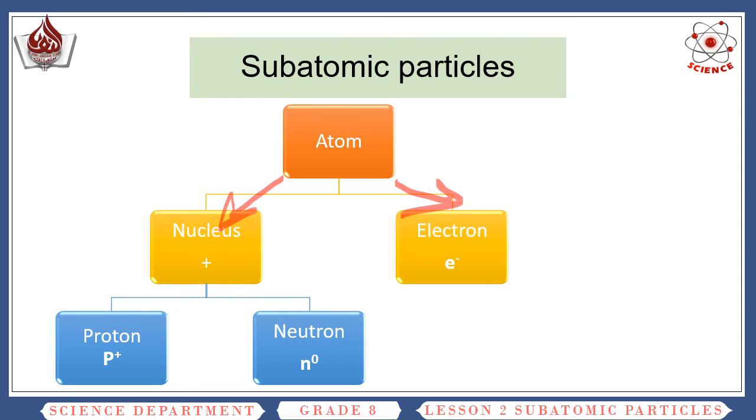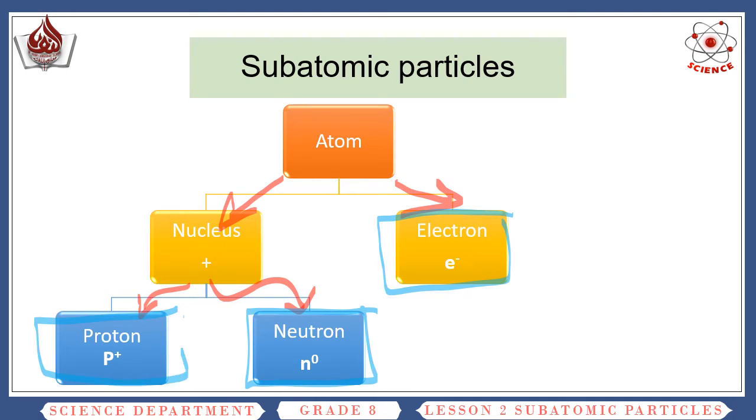And the nucleus is divided into two other things, which are proton and neutron. So now we have the three subatomic particles here: electron, neutron, and proton.